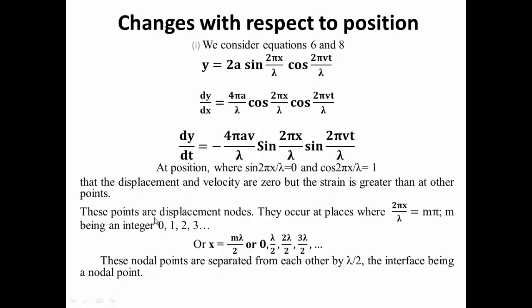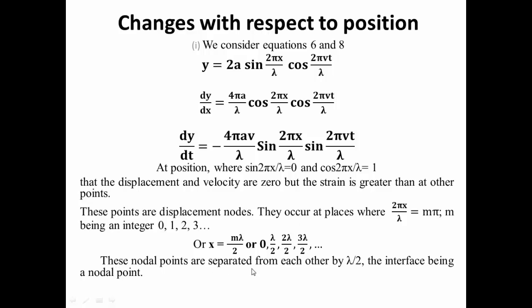So these points are displacement nodes. They occur at places where 2πx/λ is equal to mπ, where m is the integer 0, 1, 2, 3. So we get x equal to mλ/2, that is 0, λ/2, 2λ/2, 3λ/2.